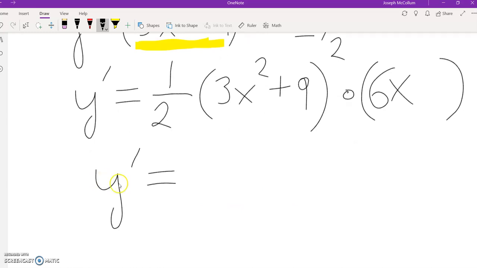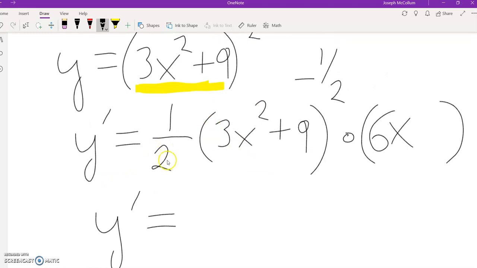If your professor or the application wants you to simplify, well, here's the thing. First of all, do not distribute inside of a parentheses with a power unless you're really good with exponents. I would state don't do it. But what you can do is you can multiply the 1/2 times the 6x. And that's because of commutativity.